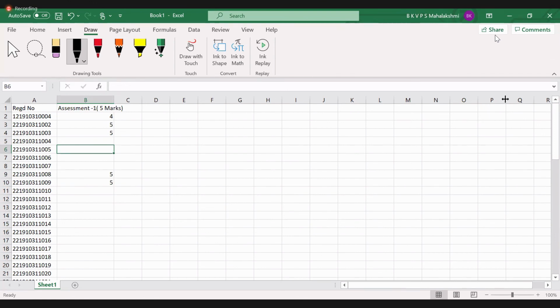Madhavi, tell me, what do you mean by a simple attribute? A simple attribute cannot be divided further.